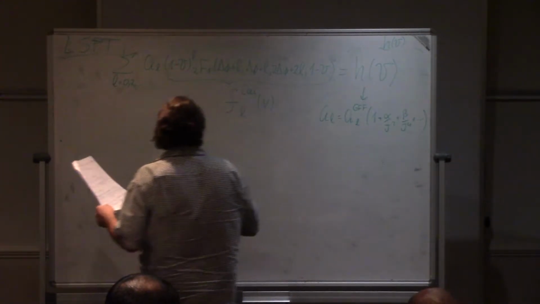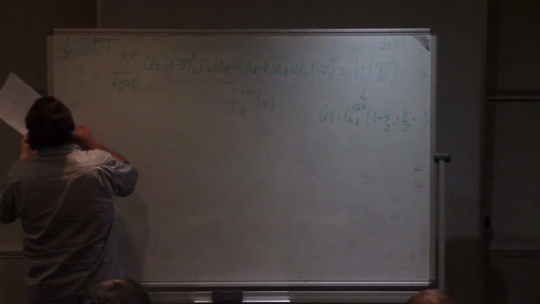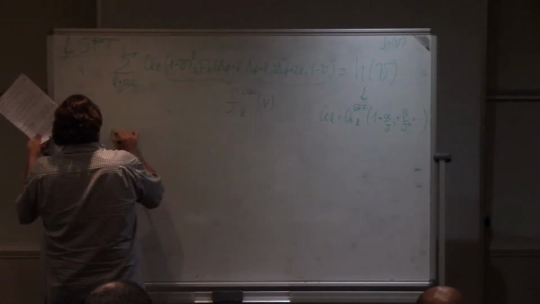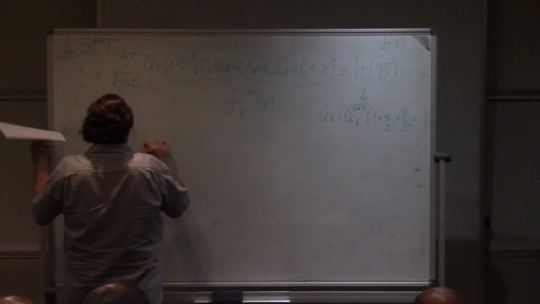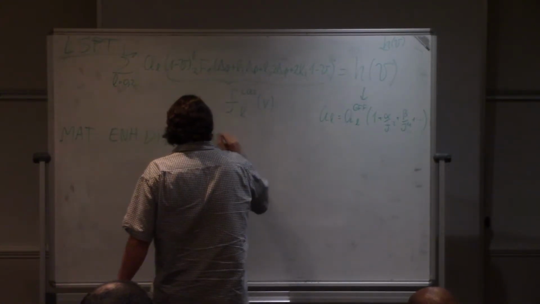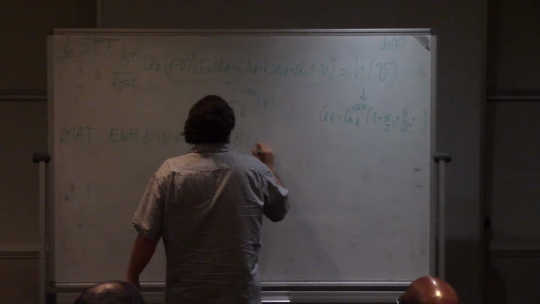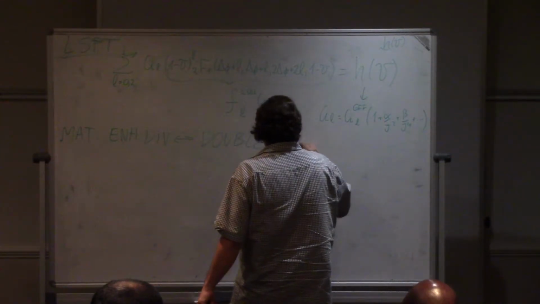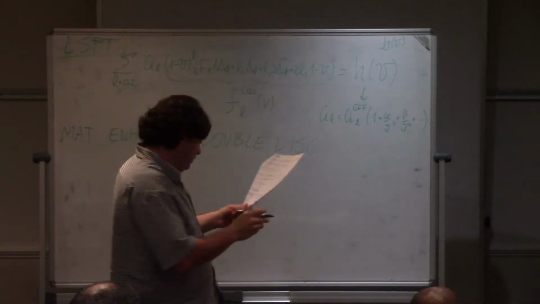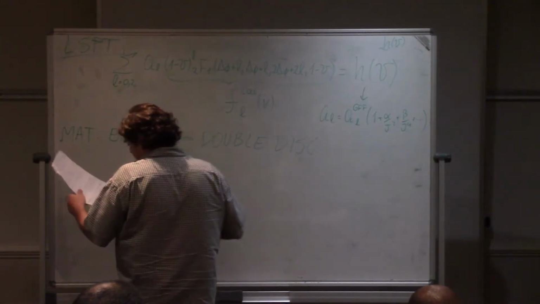Mathematically, so let's try to be slightly more precise, to have an enhanced divergence is equivalent to having what mathematicians call a double discontinuity. And the double discontinuity is not scary, it's something actually neat.